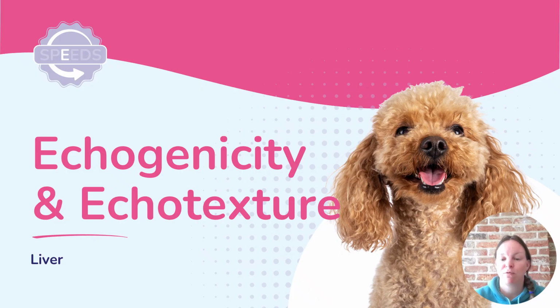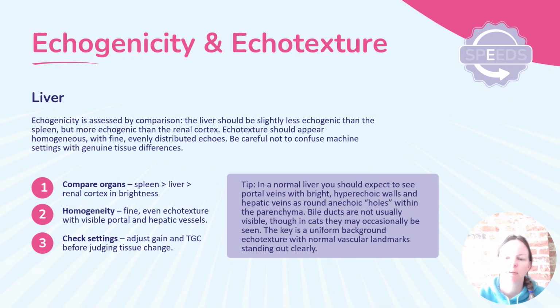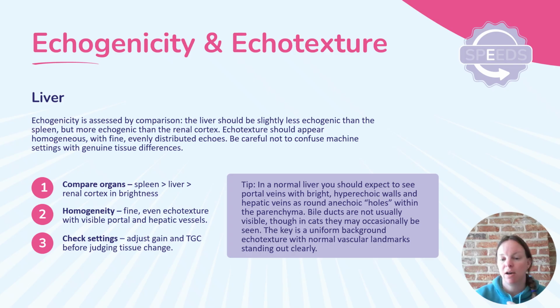Moving on to our first E, which stands for echogenicity and echotexture. When it comes to echogenicity, we're thinking about whether something's hyperechoic, hypoechoic, isoechoic, or anechoic, and these are all by comparison.